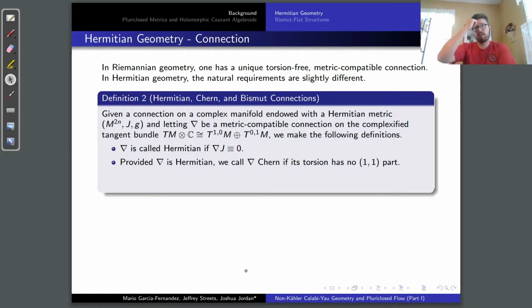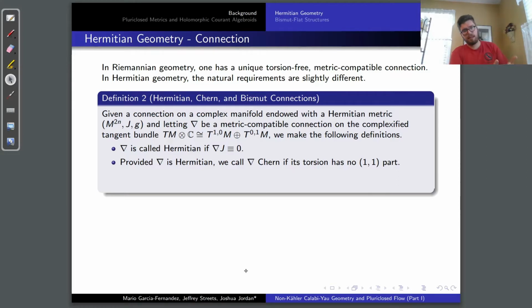We call a Hermitian connection Chern if its torsion has no (1,1) part. There's another definition of Chern connection that we'll use later on holomorphic vector bundles.